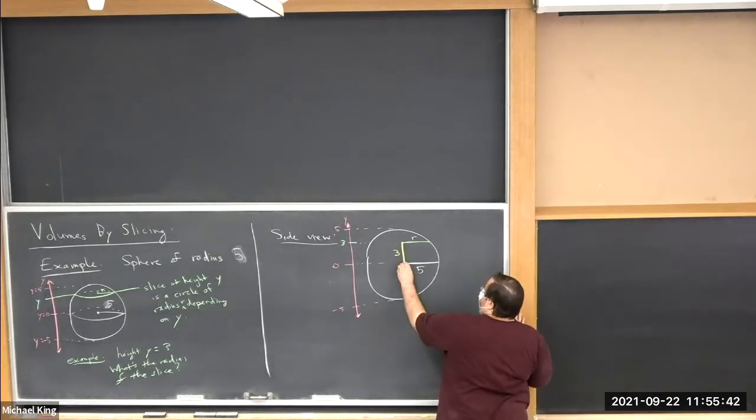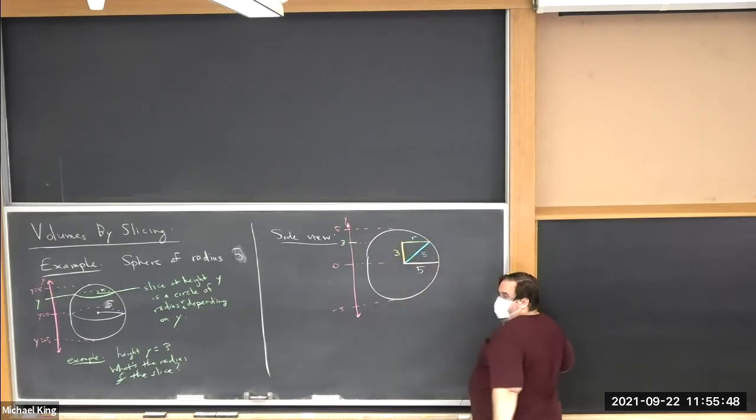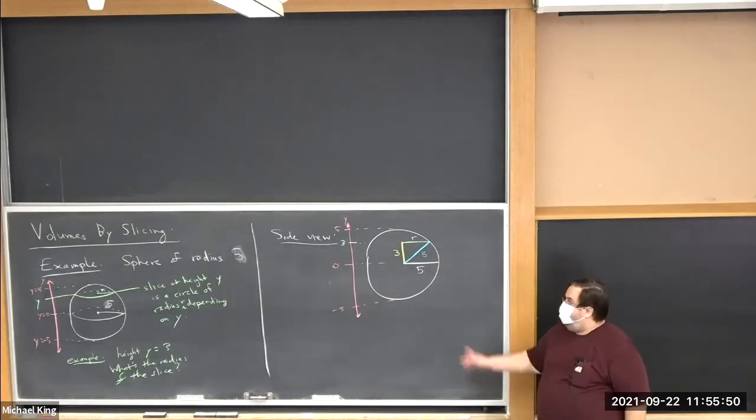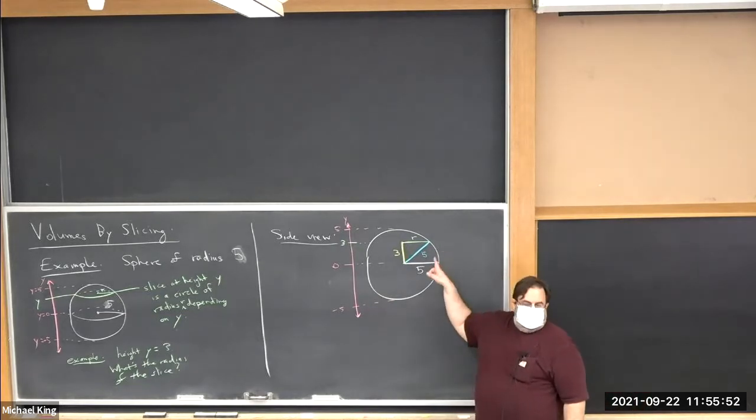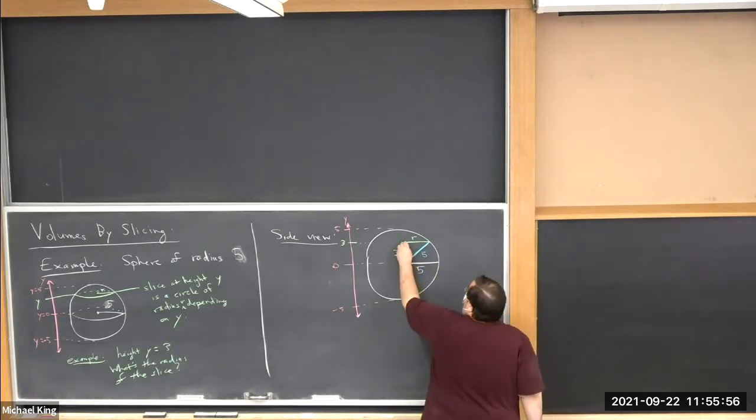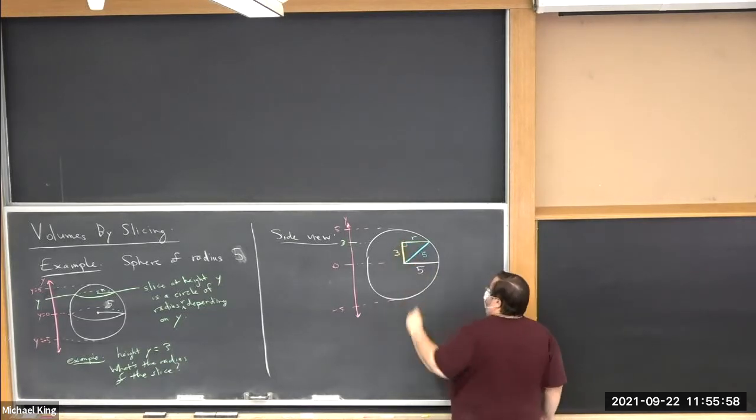From here to there, that's also a radius, right? It's a circle. This whole thing is radius 5, so that also is a radius. And now we have something nice. Do you believe now you could figure out what R is?